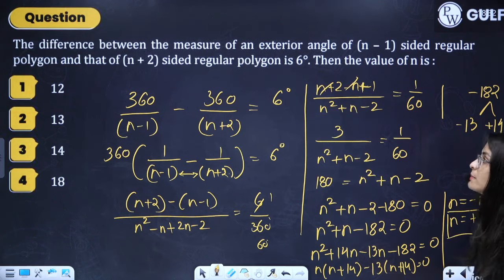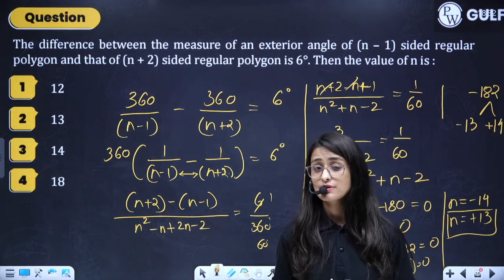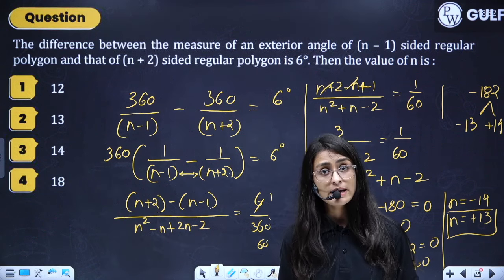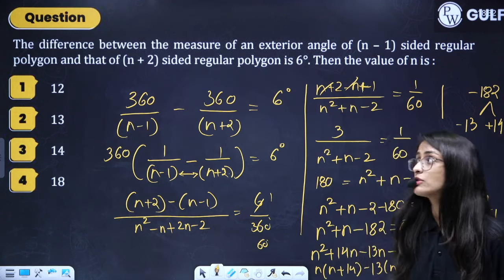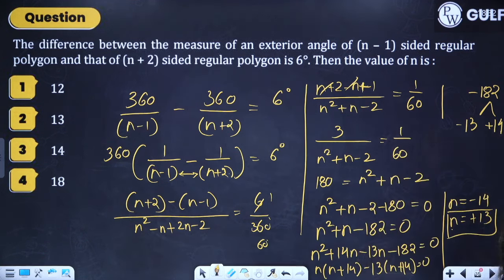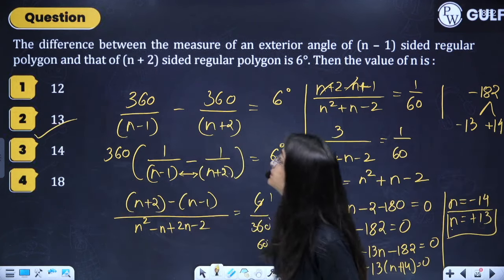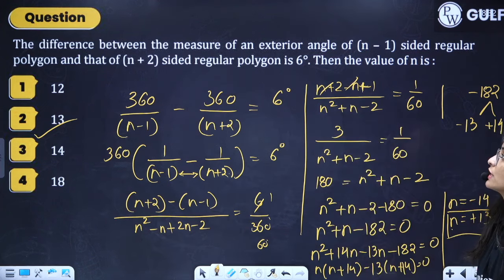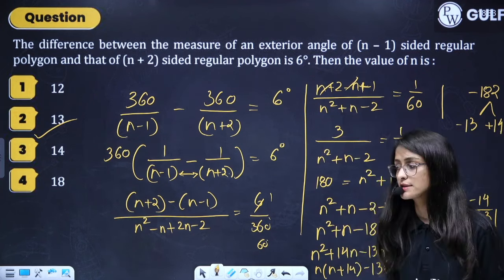So of course we won't be taking the value negative, because as it is all about the length of a side, it cannot be negative. So the length of the side would be 13. So the value of n would be, so our option B. As we are talking about n plus 2 sided as one side, so it is all about side, so it could not be negative in this.